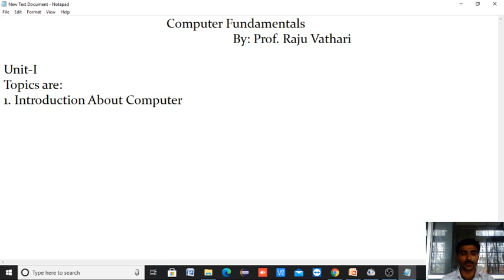Second one, data processor, and next one, data processing. Fourth one, data, what is data?